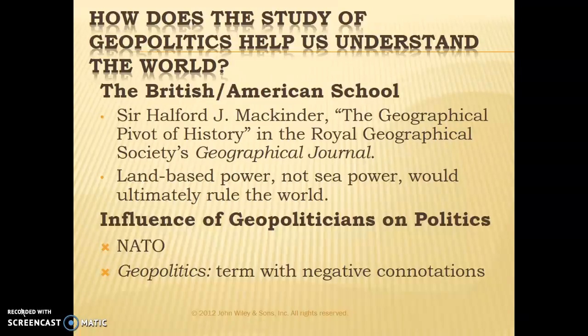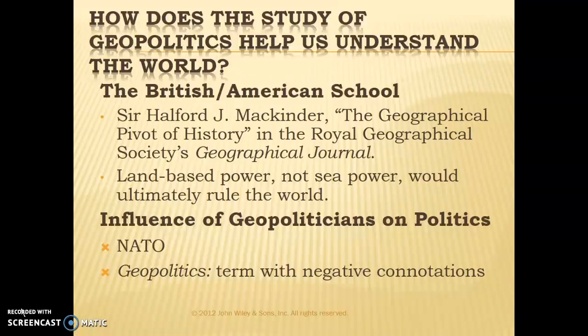Bearing in mind that at this point in history, Britain is one of the strongest militaries in the world. The US absolutely is one of the strongest militaries in the world, coming out of World War I, largely because we are not as devastated by World War I. So Britain has dominance on the seas to a large degree.